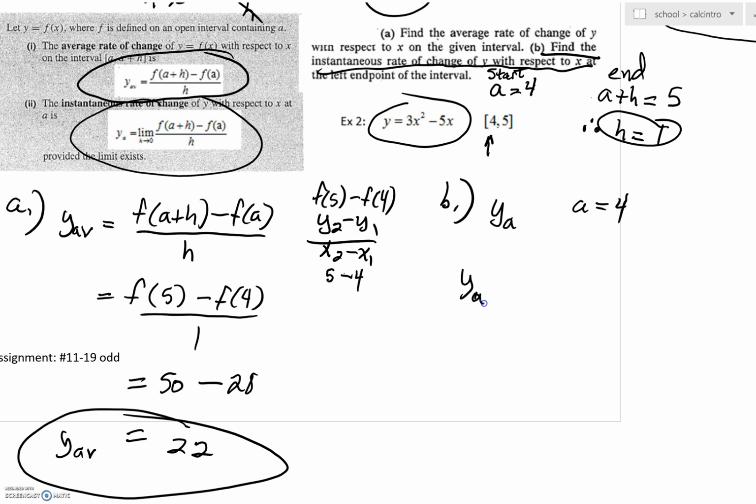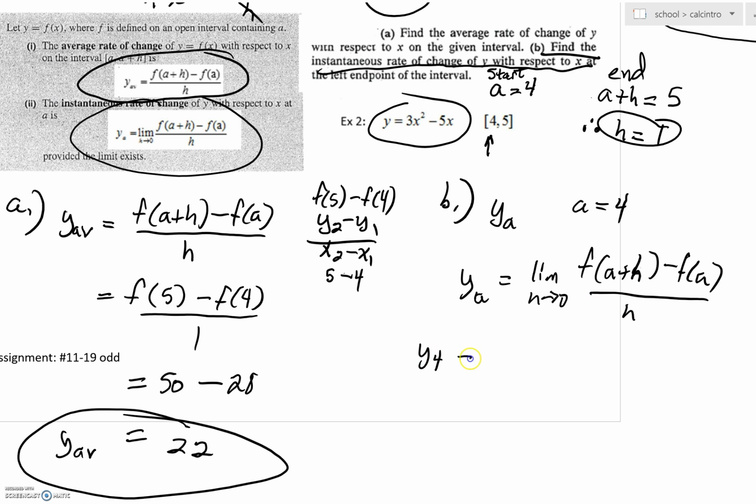The y prime of a, by definition, is going to be the limit as h goes to 0 of f of a plus h minus f of a all over h. But we want y prime of 4. We're trying to find the instantaneous rate of change just there. So that's f of 4 plus h minus f of 4 all over h.